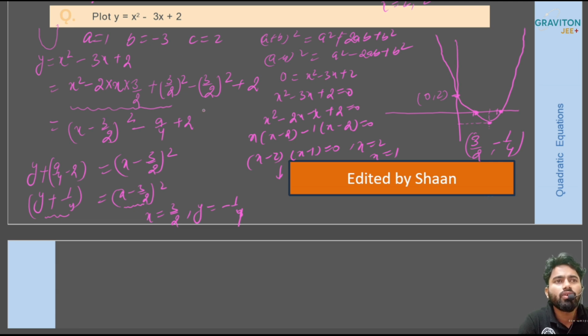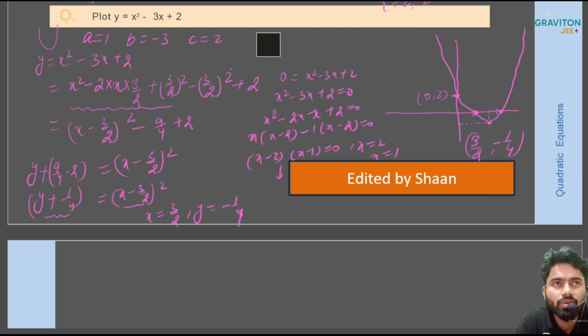Okay, now I will ask you, in this type of question, what will be the b square minus 4ac in this case? Without calculating, you will tell that b square minus 4ac is positive because it has two distinct roots.